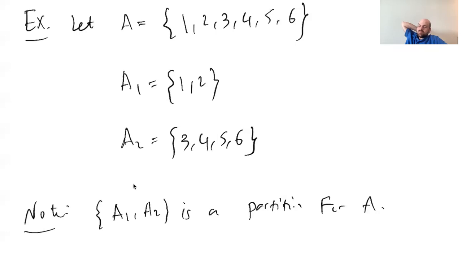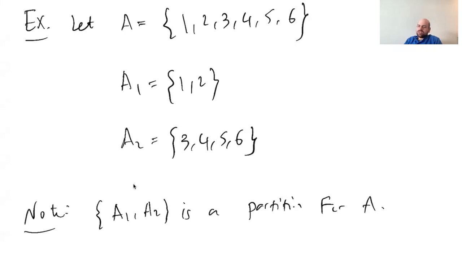Therefore, the summary is that whenever you have a partition, you can define an equivalence relation this way: a pair is in the relation if both X and Y are in the same capital Ai. And also, if you have an equivalence relation, then you can write a partition for your set.